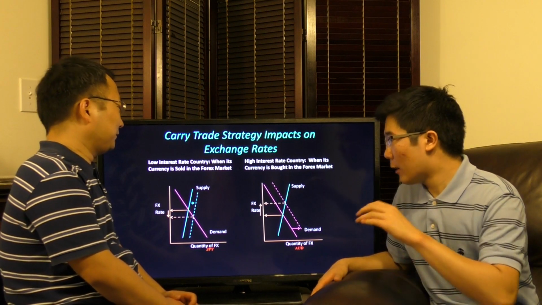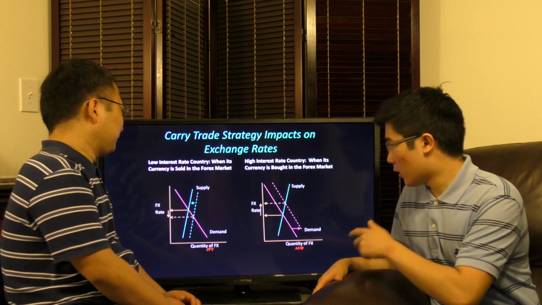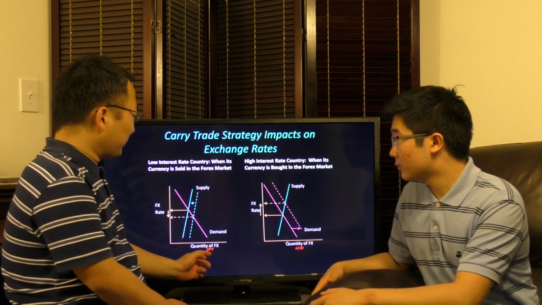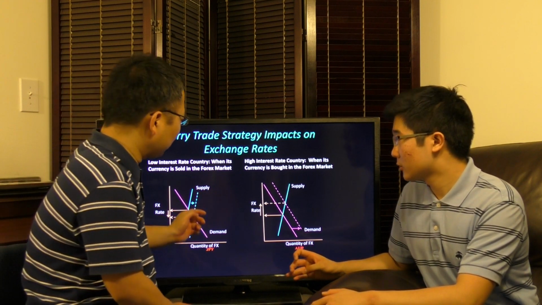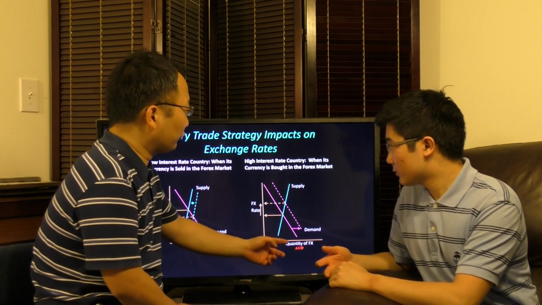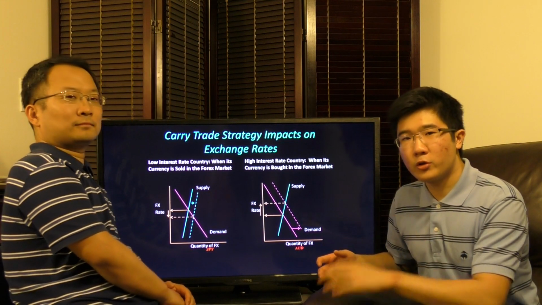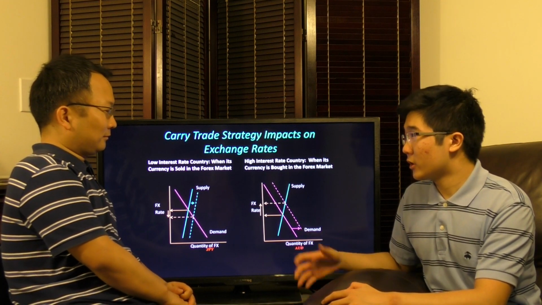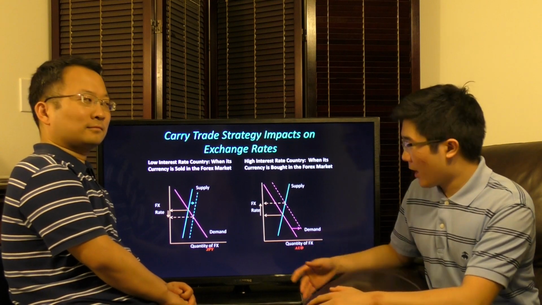So why would they loan to low interest rate Japan when they could convert their yen to Australian dollars and loan in a high interest rate country? They will supply a lot of Japanese yen and convert it to Australian dollars, so the demand for Australian dollars increases.